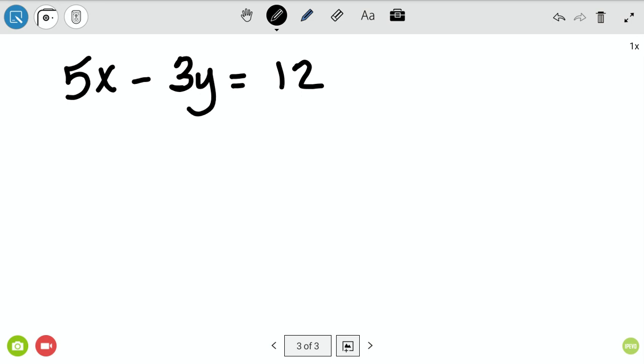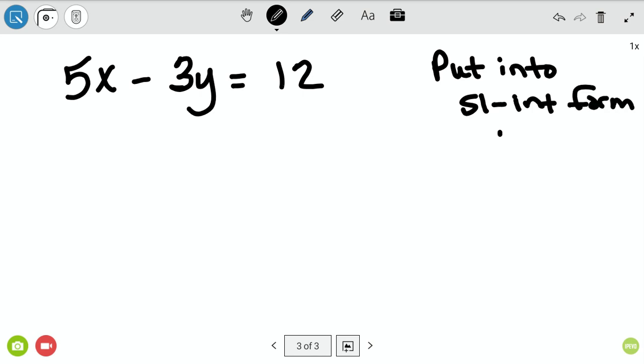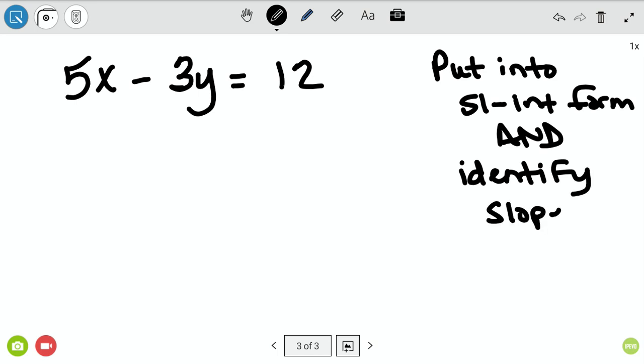And the instructions say put into, and I'm just going to abbreviate here, slope-intercept form, because you're going to see this on assignments, and identify the slope and the y-intercept. Okay, that's what we're doing here. We're going to put it in slope-intercept form, and we're going to identify the slope, and we're going to identify the y-intercept. Okay?